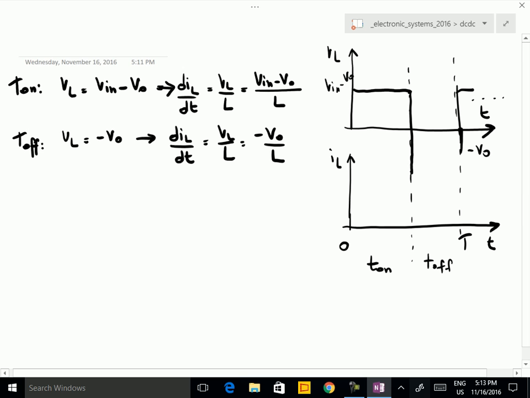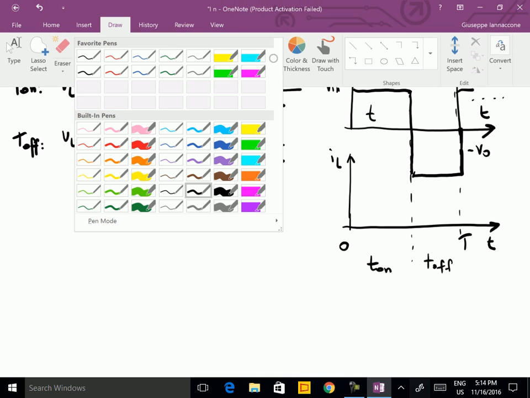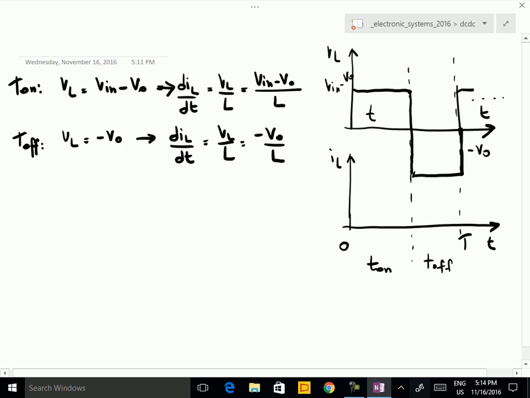If you consider it carefully, this must be more negative than this is positive because T off is smaller. Now, T on and T off I already drew. For the current, it's this thing. During T on, the derivative of the current with respect to time is V in minus VO over L. So it is this one. So constant slope, constant derivative.